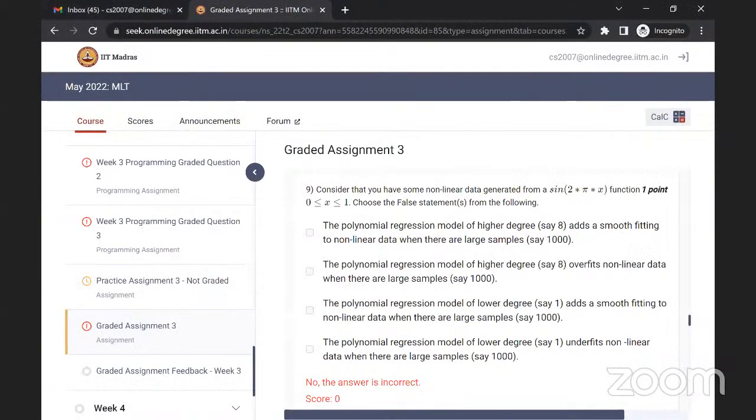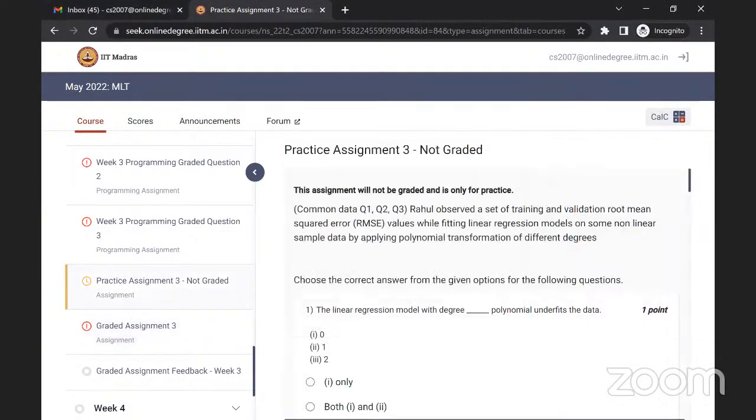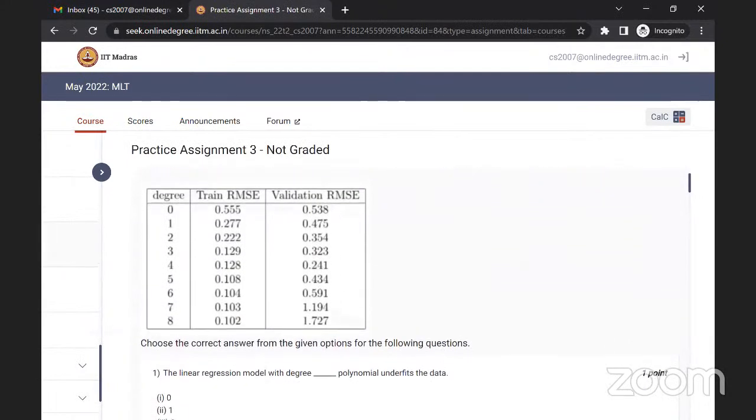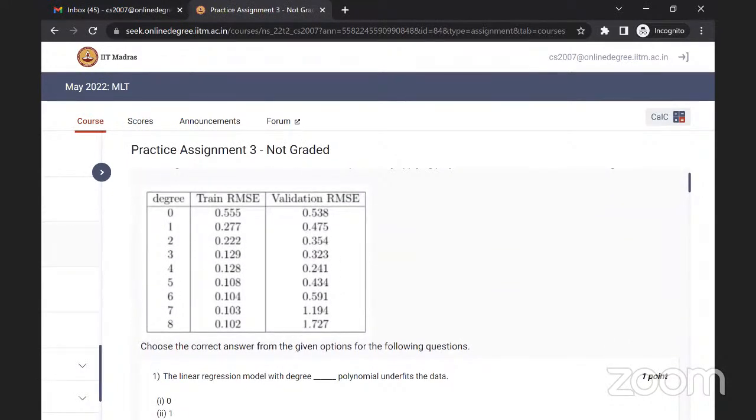In this, I couldn't understand how it is being said that the linear regression model with so-and-so degree underfits the data when I compare the values between the trained RMSE and validation RMSE. Good question. This kind of situation is exactly represented by the graph that we just saw some time back.